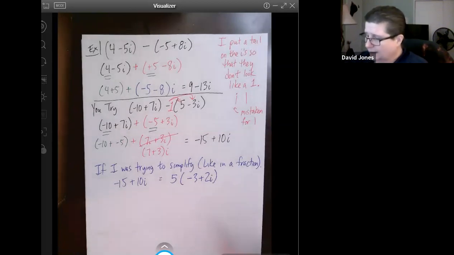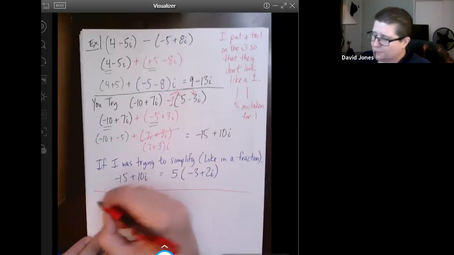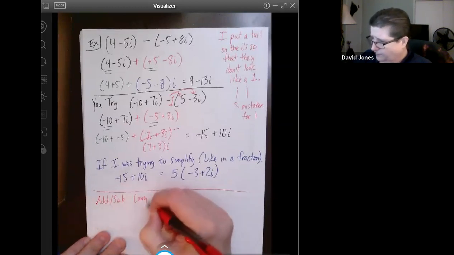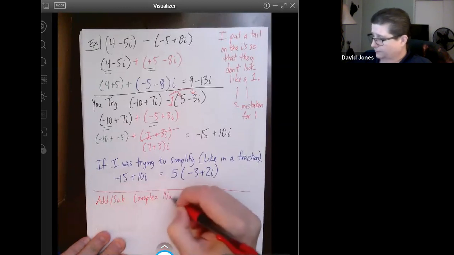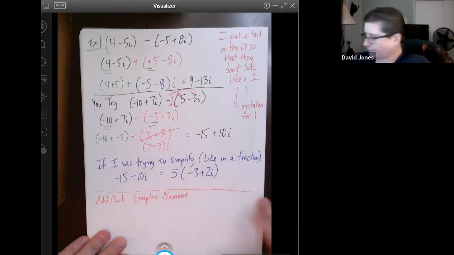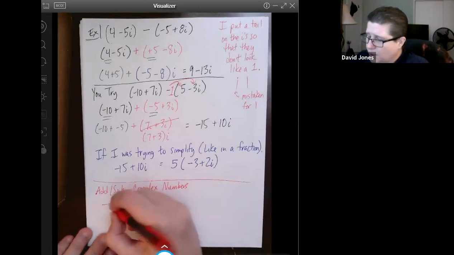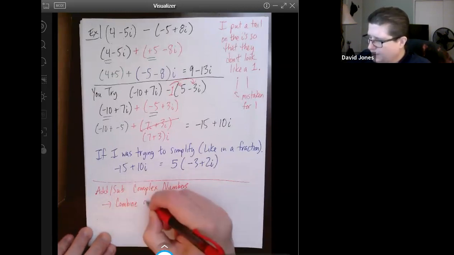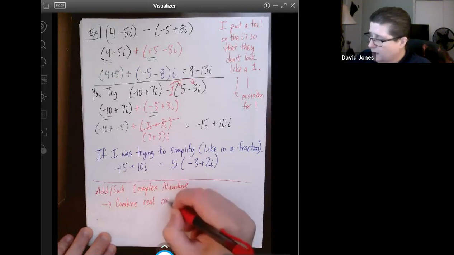So, a little nutshell right there: when you're adding or subtracting complex numbers, we want to combine real components separate from the imaginary components.